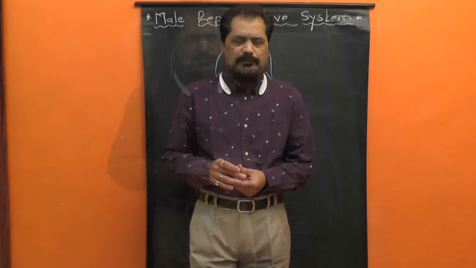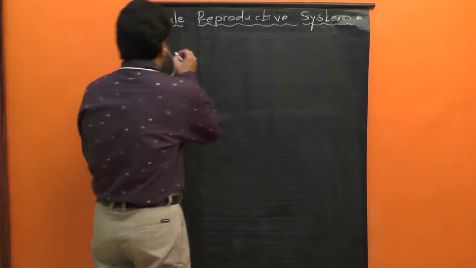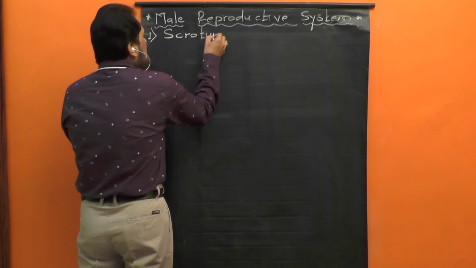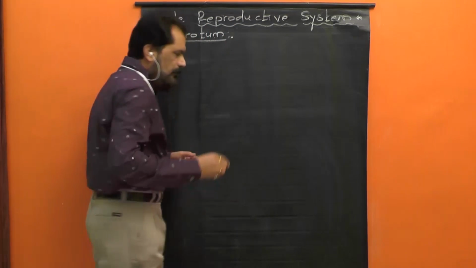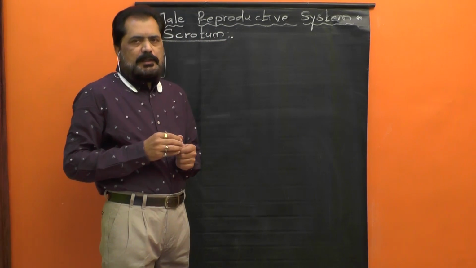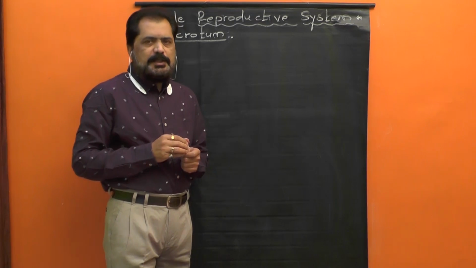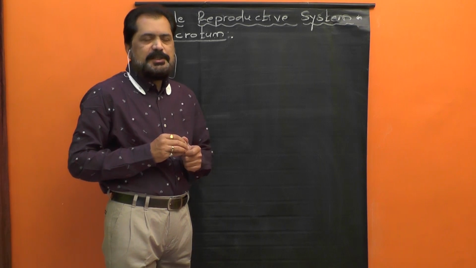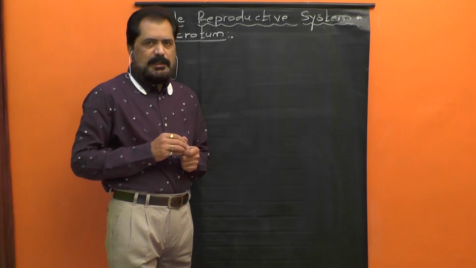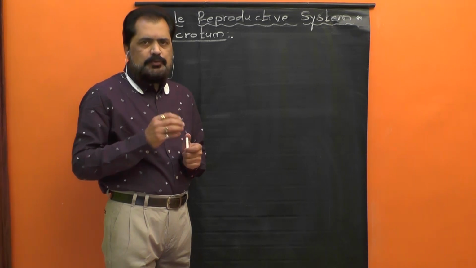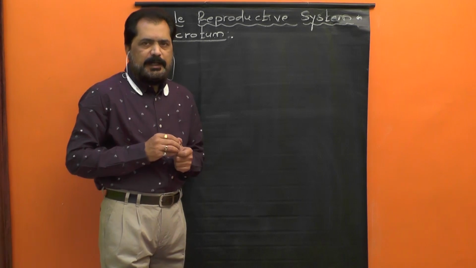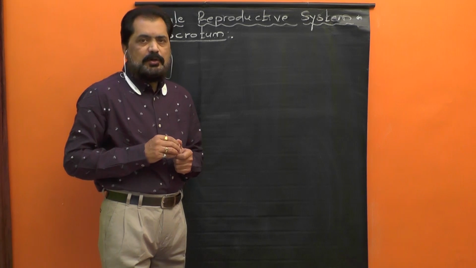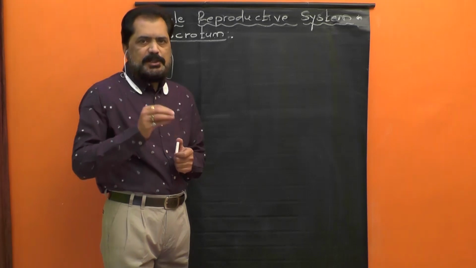Let us start the study of the first organ, that is the scrotum. The scrotum is simply a pouch of darkly pigmented and wrinkled skin, which often shows the development of hairs at puberty and sexual maturity.